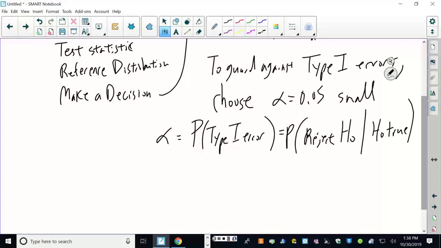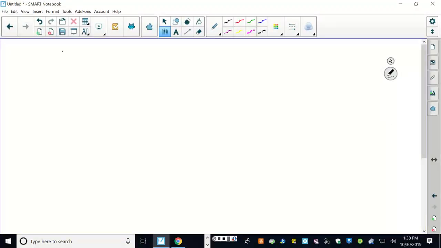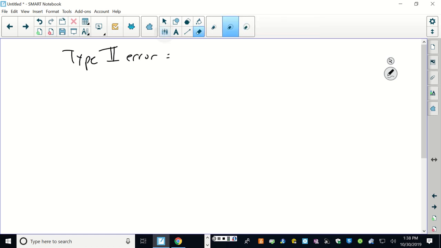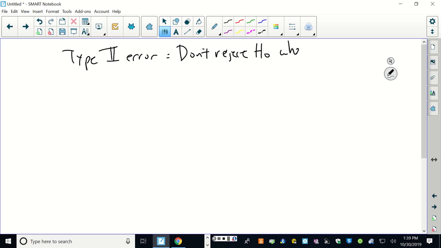So the second, type 2 error, is we don't reject H0 when H0 is false.